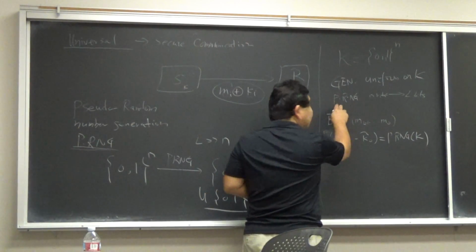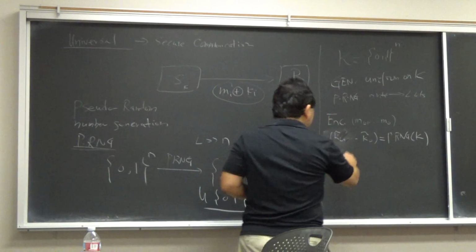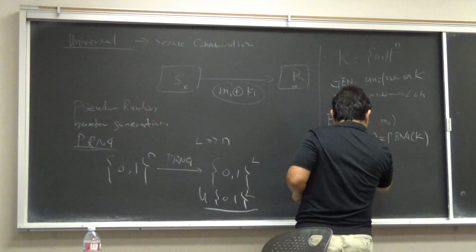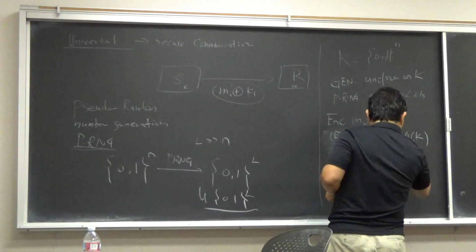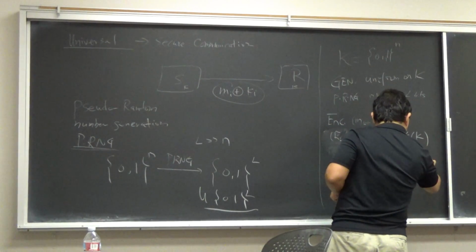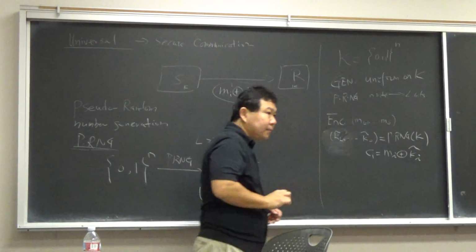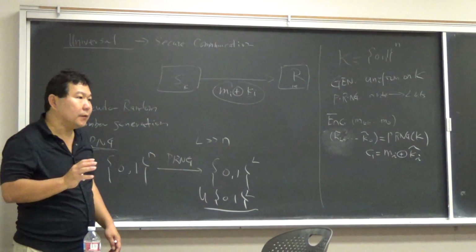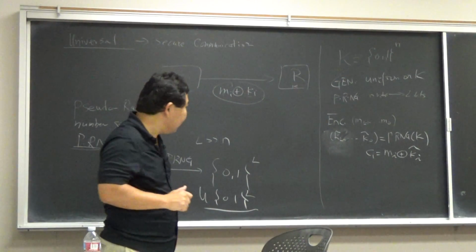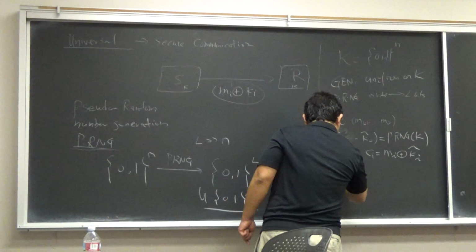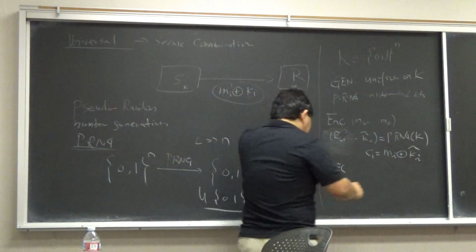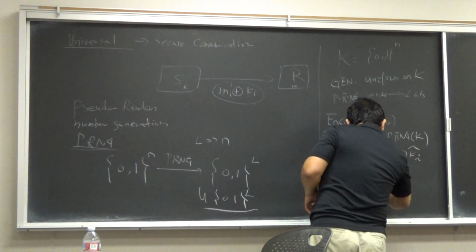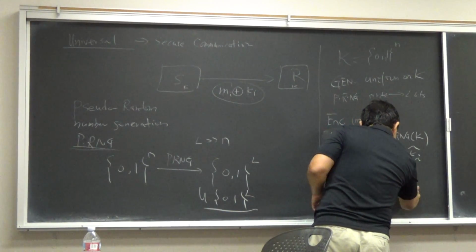Since this protocol is public too. And then to encrypt, we simply define C_i equal to M_i exclusive OR with K_i. So this will just be the encryption, right? For decryption, we do the same thing. That is, we want to recover M_i, which is equal to C_i exclusive OR K_i.